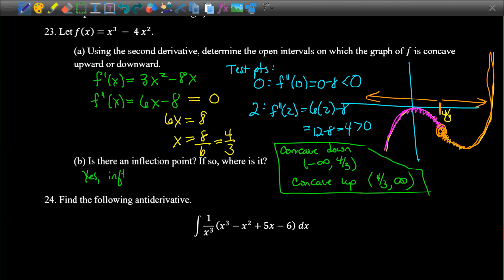There is an inflection point. It is at 4/3, since that is where the concavity changes. Not only that, and there's actually just a little bit more that we could say here, the function is actually defined at that point. There is an actual point there. So yes, there's an inflection point. It's at x equals 4/3.